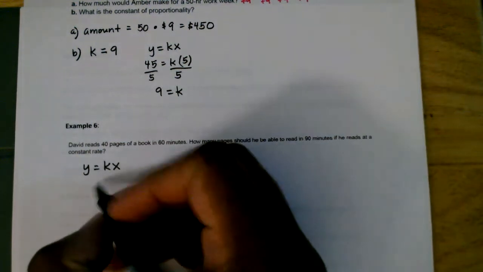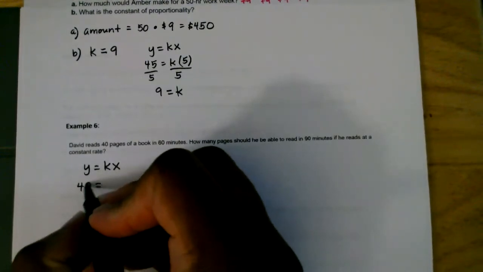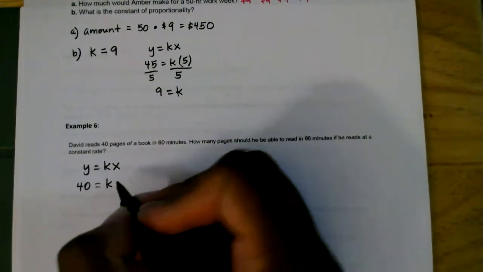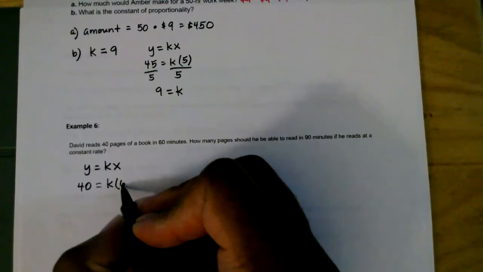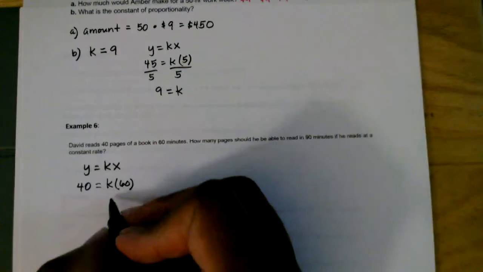Okay, 40 pages in a book for 60 minutes. So y is going to be 40 pages. K is what we're trying to find. X is the time, which is 60 minutes. So that's going to be the setup for this. 40 is equal to K times 60.